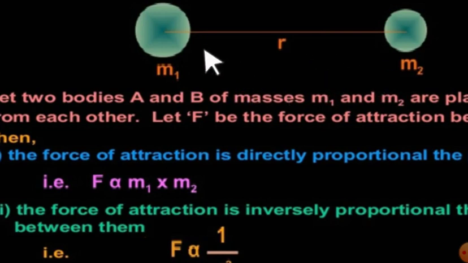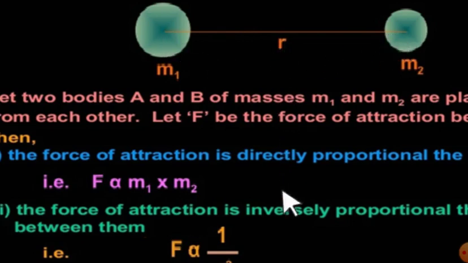We take the distance not from surface to surface, but as the distance between the centers of the two masses. So from the center of one mass to the center of the other mass, this distance is known as the distance of separation.